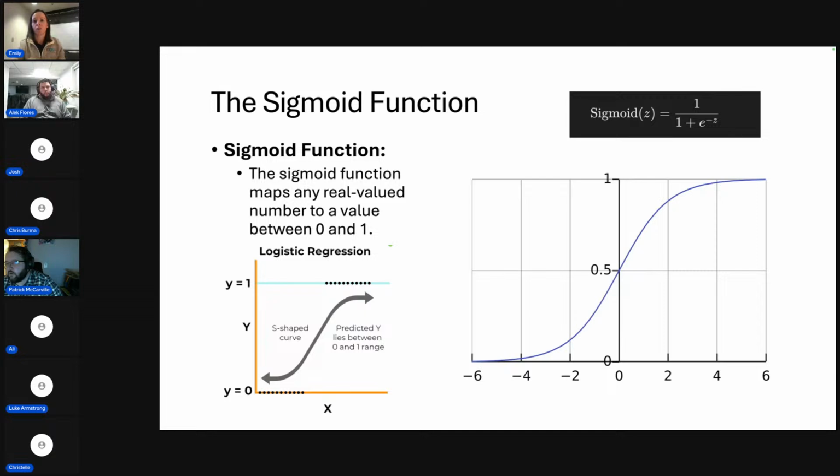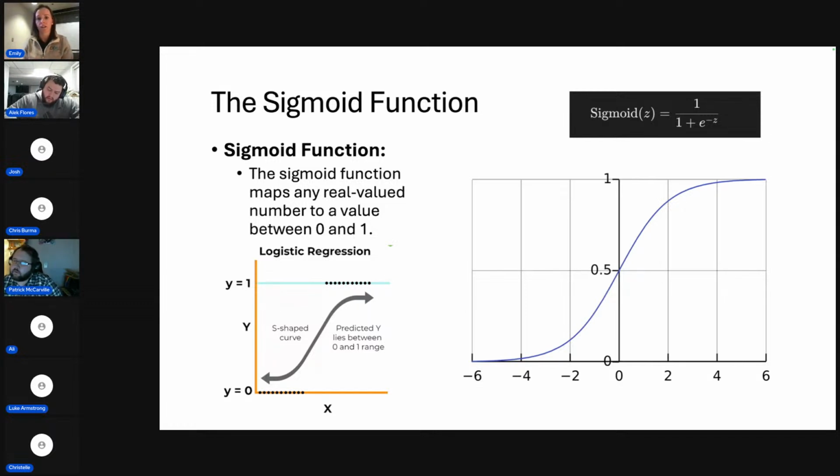What is 1 over 1 plus e to the negative z? This is something special in math called the sigmoid function. This formula is called the sigmoid function. And what the sigmoid function does is it takes that output of z, whatever that evaluates to, and it maps that to a value between 0 and 1.